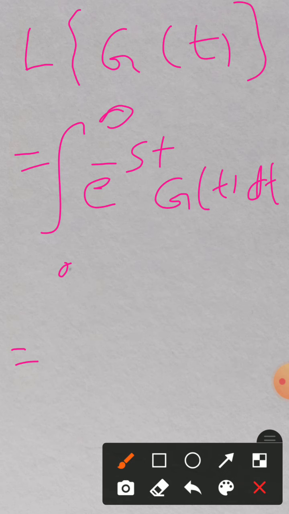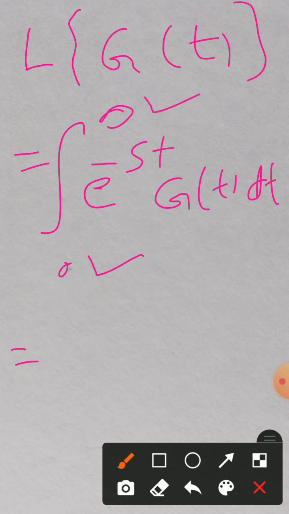Here 0 is the lower limit and infinite is the upper limit. This whole integration can be divided into the sum of two integrations.